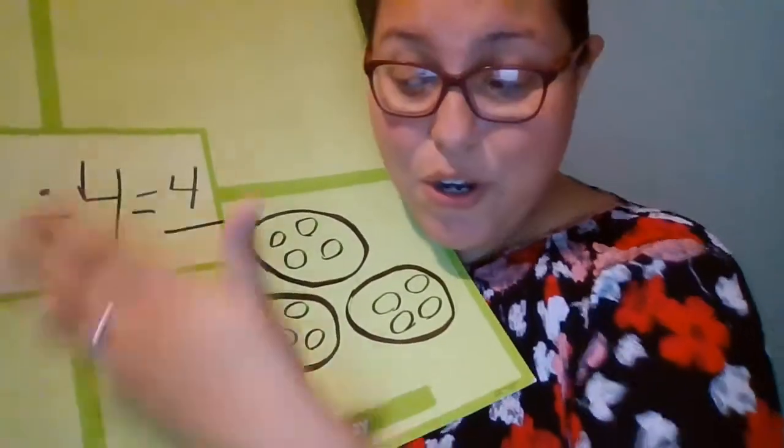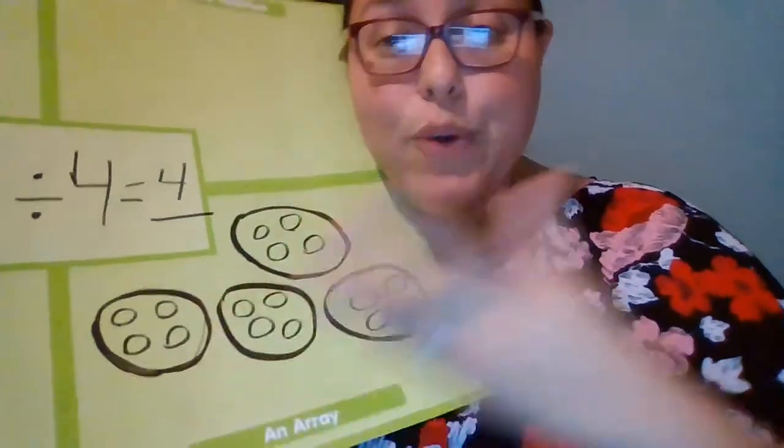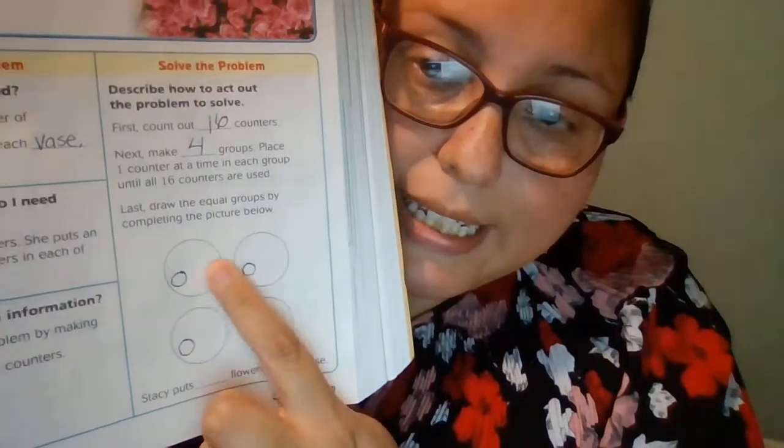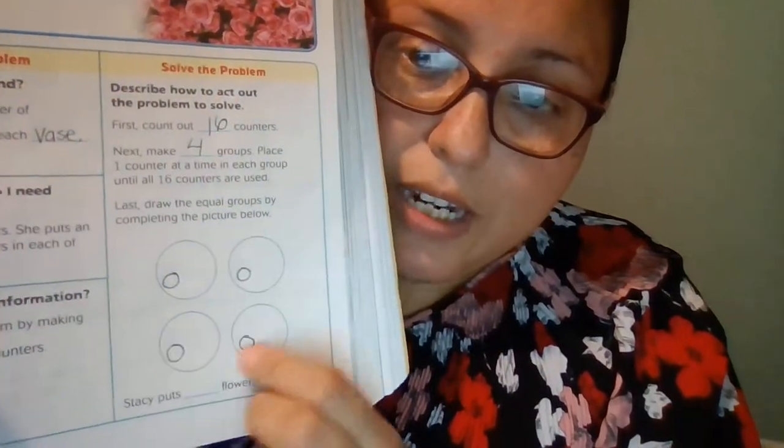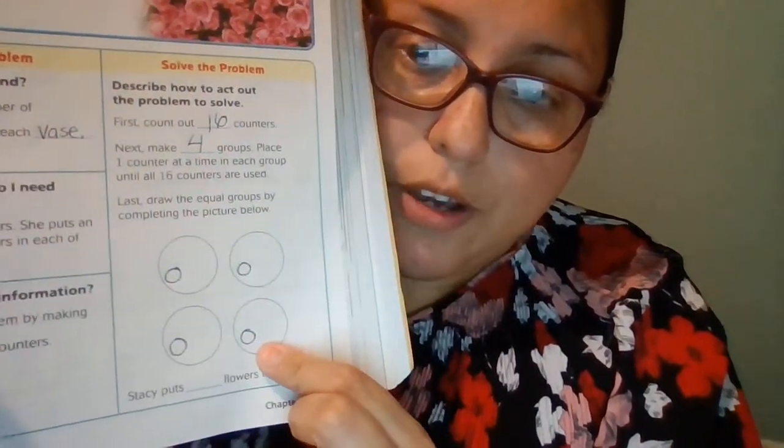So let's go back now. After we acted out, we drew it, you have your little papers at home, 16 papers. Now we're going to write them. Now let's go back to our book. Right here, I want you to draw the 16 flowers.